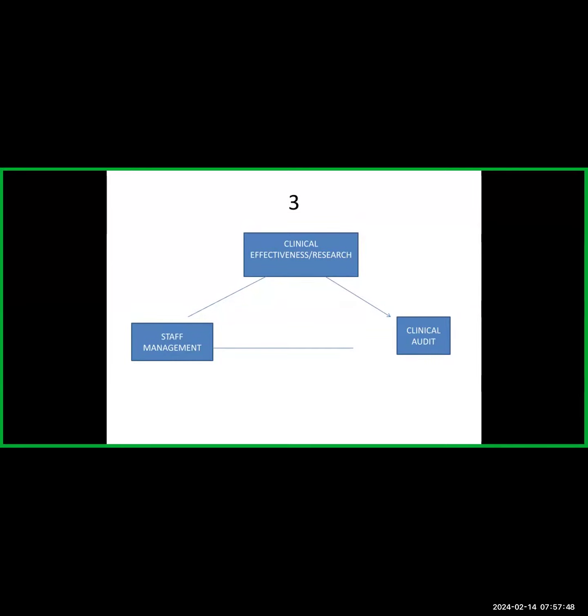And then you give a time. Remember, your objectives are SMART. You give a time where these improvements or changes will be carried out. And then at the end of that time, you would carry out another audit to see if there has been improvement in the quality of your services.